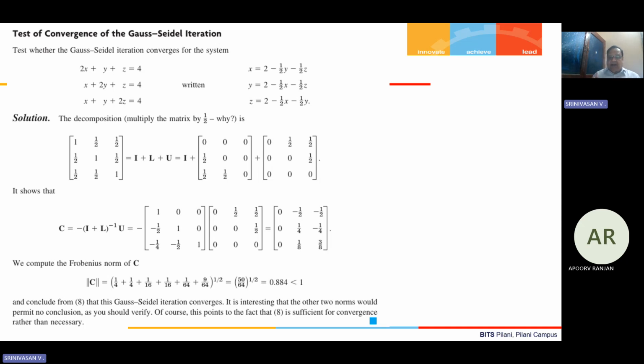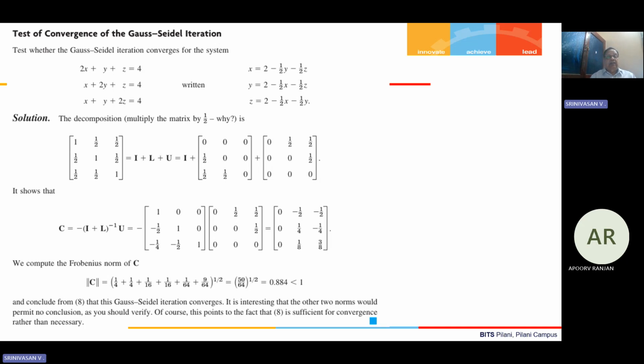All those things are automatically understood, because when you test the convergence, that itself shows that your system is consistent and gives you the solution. Therefore you don't need to check, though even if you check, there is nothing wrong in it. Here 2 is greater than 1 plus 1. It is given actually as greater than or equal to, but anyway, don't bother. We are going to only test for convergence.